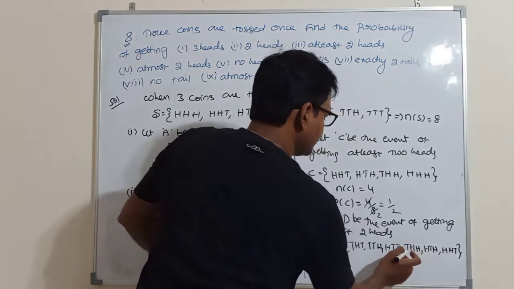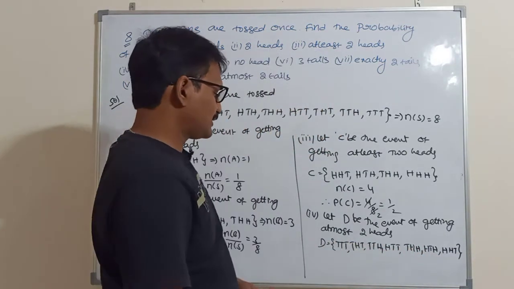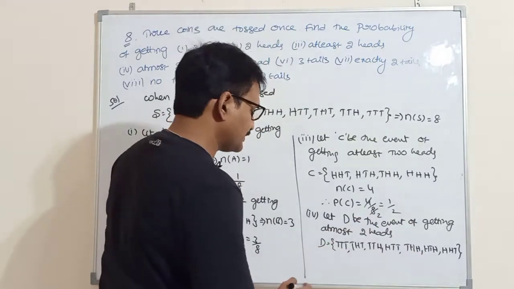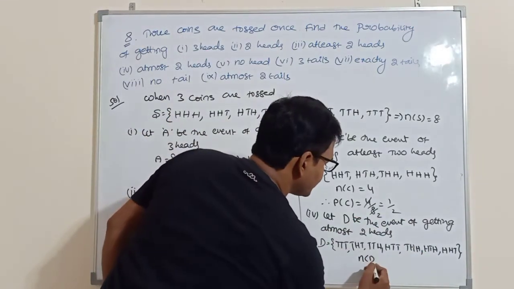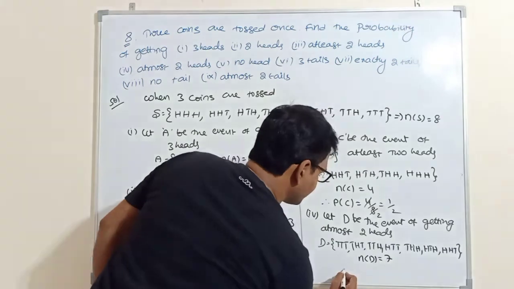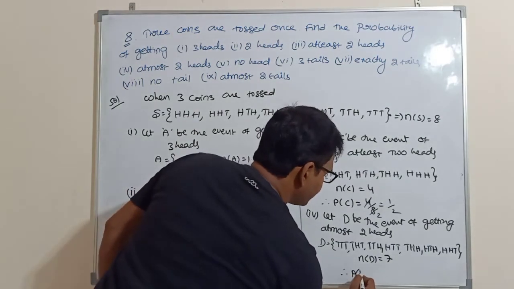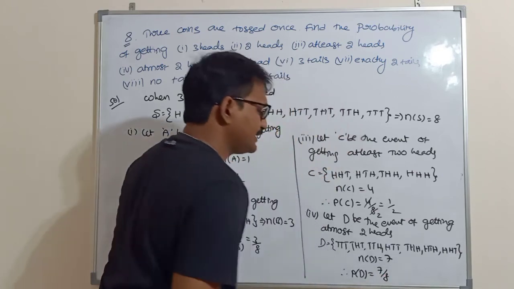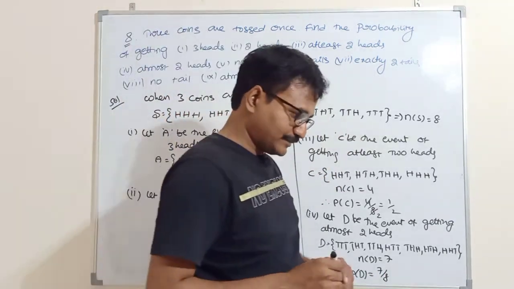So 1, 2, 3, 4, 5, 6, 7. So at most 2 heads means either 0 heads or 1 head or 2 heads. So how many sample points are there? 7 are there. Therefore, P of D, probability of getting at most 2 heads, is 7 by 8.